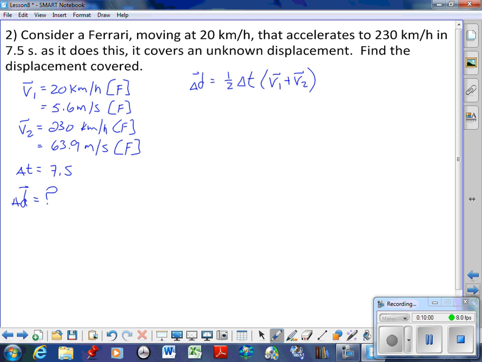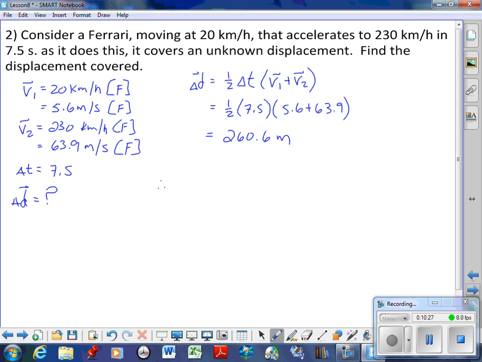In this one, it's so important to make sure you do convert your units. So 1/2 times 7.5, and now we need to add those values together to get our final displacement. So 0.5 times 7.5 times 63.9, and we get a total of 260.6 meters.